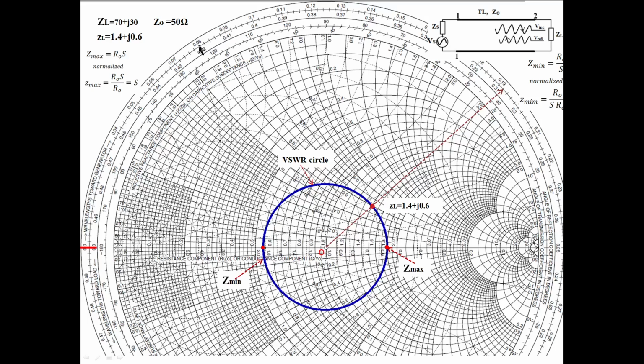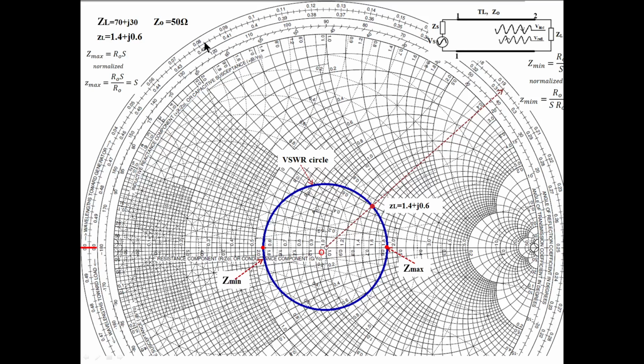For example, at 0.08, if you move one small division, we move a distance of 0.002.